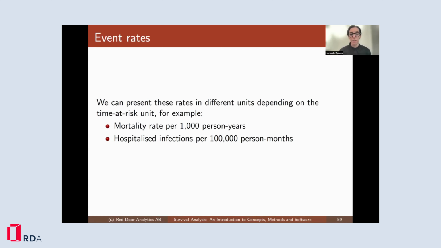And then we also have the per unit, so we can divide our rates by a value, such as per 1,000 or per 100,000. The way that you present an event rate may depend on the field that you're in. There may be a standard way of presenting rates.